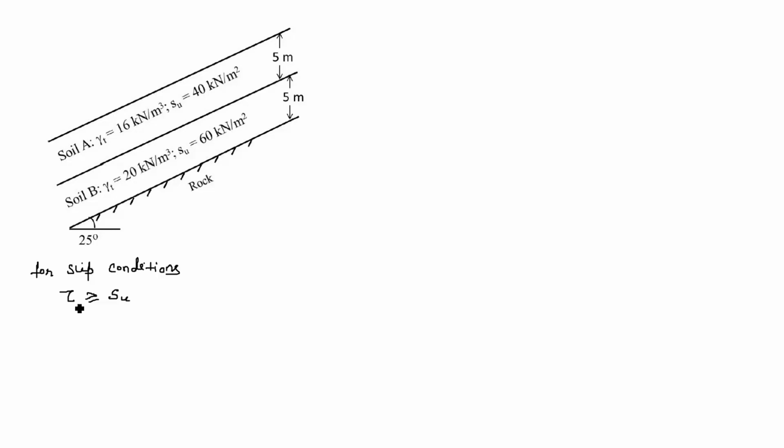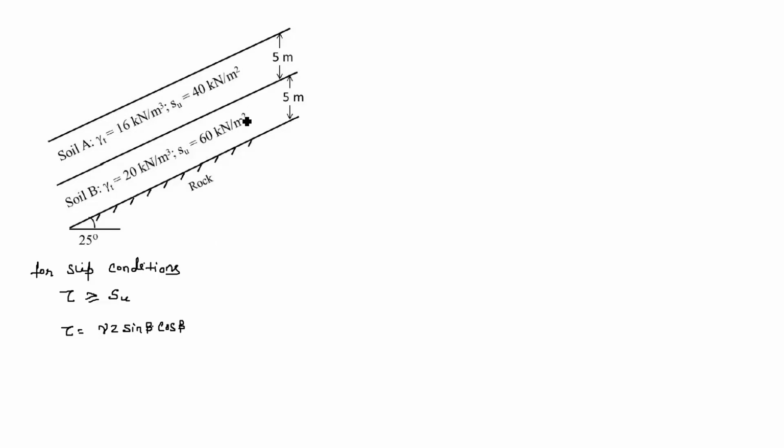Now the shear stress at any depth z can be found by the equation gamma z sin beta cos beta, where gamma is the unit weight of the soil, z is the depth at which slip is occurring, and beta is the slope angle. Here in this question there are two layers, top layer and bottom layer.